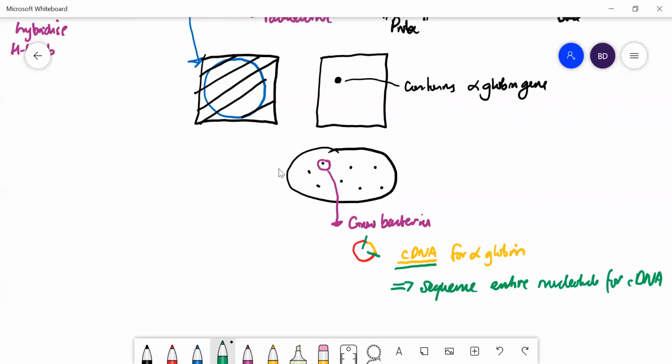Now the cDNA library is usually easier to investigate first, because it's smaller fragments. You don't have all the, it's mRNA. You've cut out the introns, the non-coding regions, and so forth. But this makes a useful probe itself now. This cDNA, you can use that to probe the genomic library.